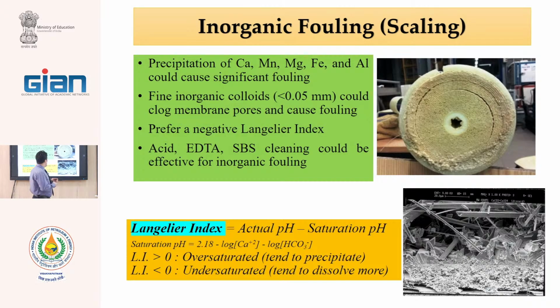Okay? Why do we not use, for example, pH 4? We know that when we reduce the pH and reach 4 or 3, the possibility of this formation will be reduced.